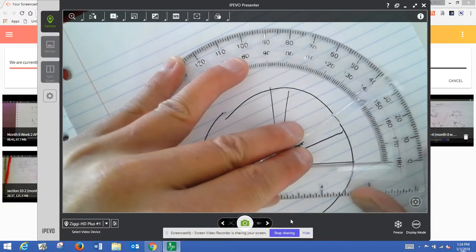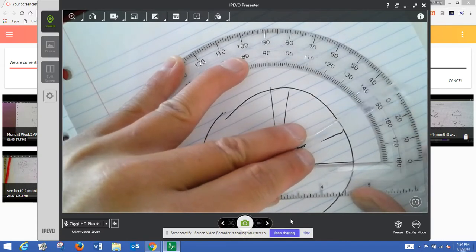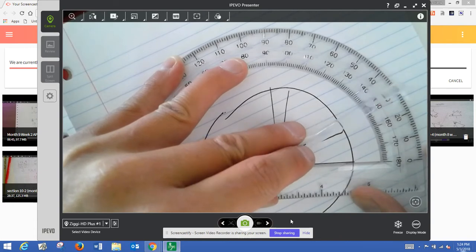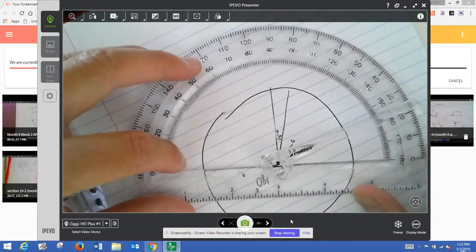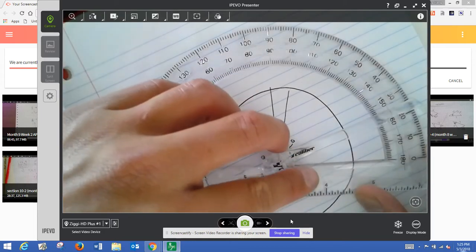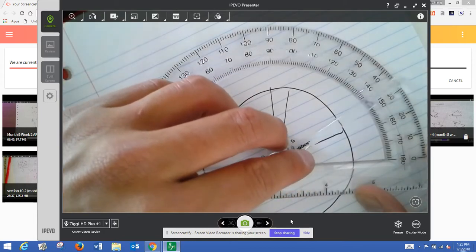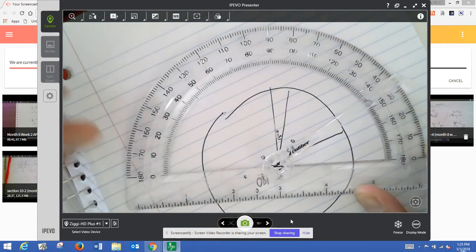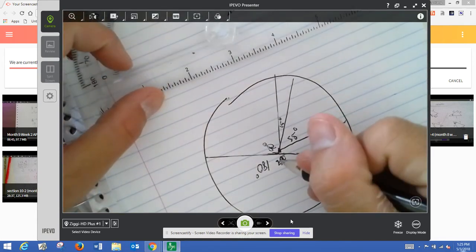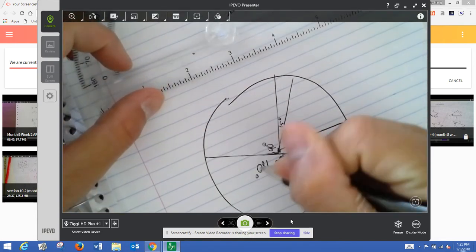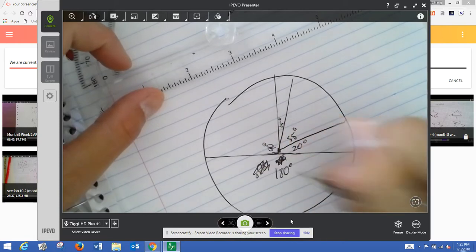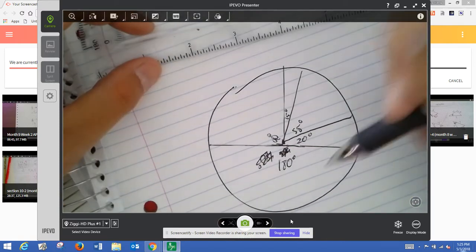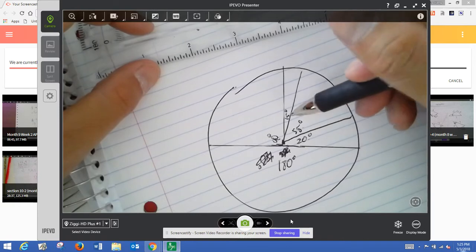Where's the center? There's the point there. We didn't draw this too perfectly, but it was supposed to go up to 220 degrees. My apologies. So let's write in those values: 180, 20 degrees, 55 degrees, 15 degrees, and 90 degrees.